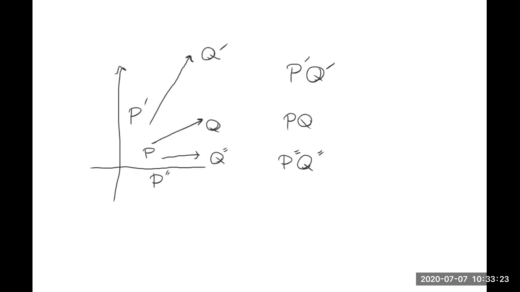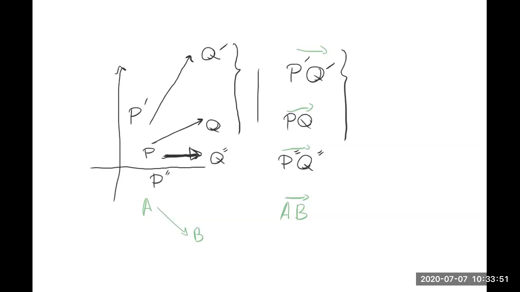Now, suppose I have another vector. I use another color, say A, B. The first thing to note about these vectors is that these 2 vectors kind of go upward, right? These 2 vectors, they kind of go up. This vector is horizontal.